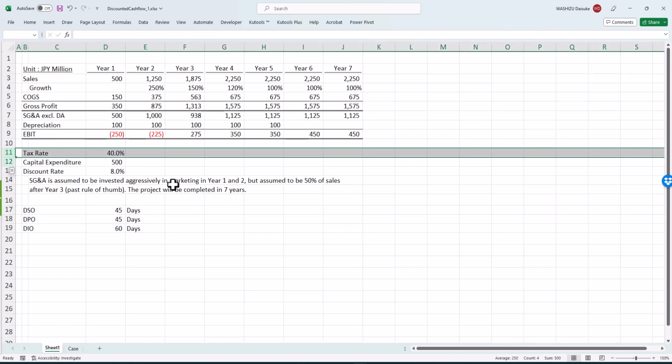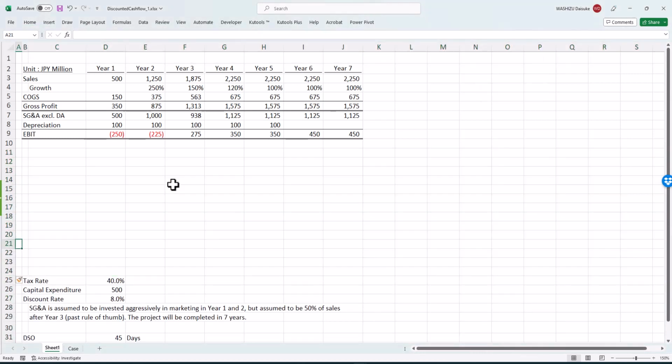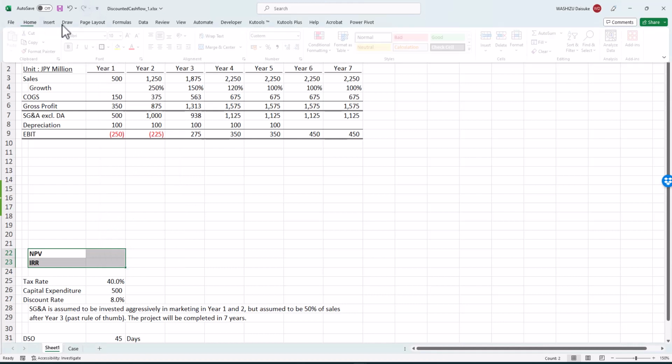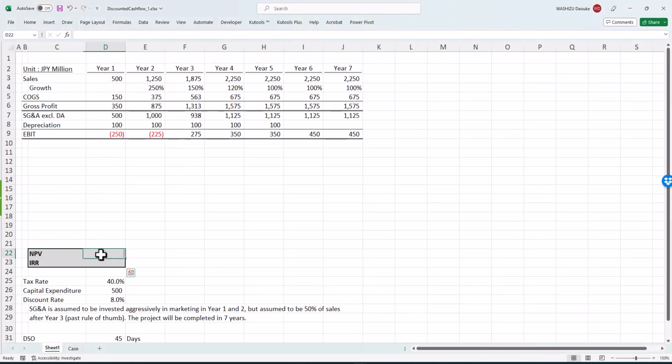So as I said, the final output should be the NPV and IRR, right? That's the objective of this analysis. So in order to get these two numbers, we need to have a free cash flow.